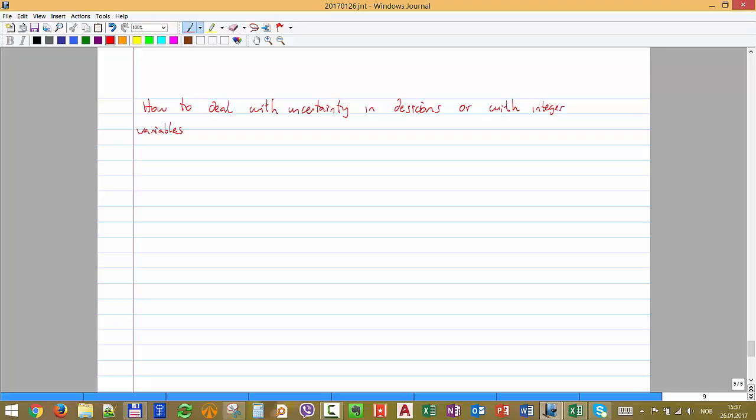For example, one common example is decisions. Another example is alternative development options.